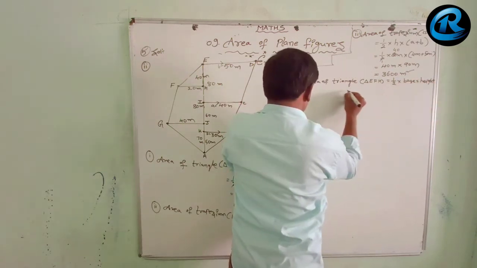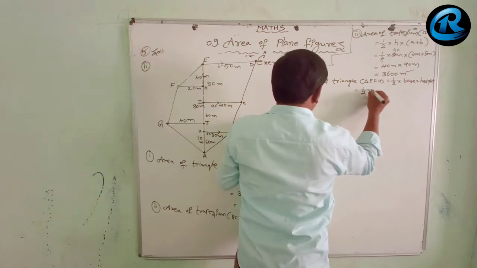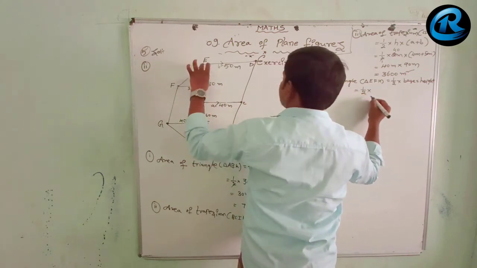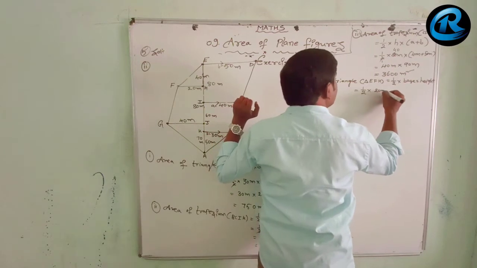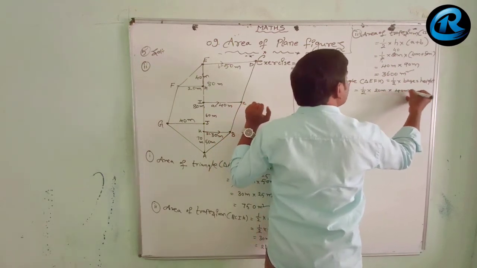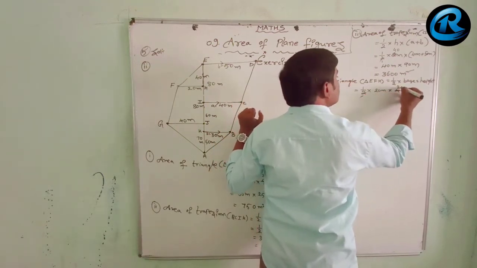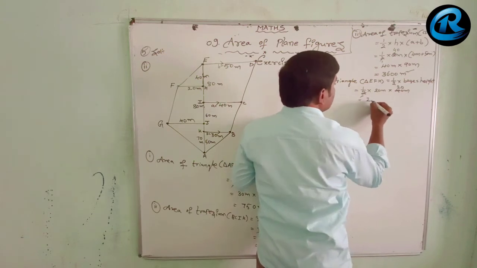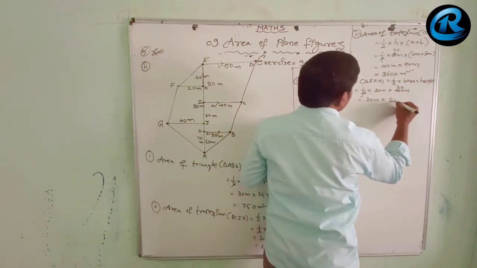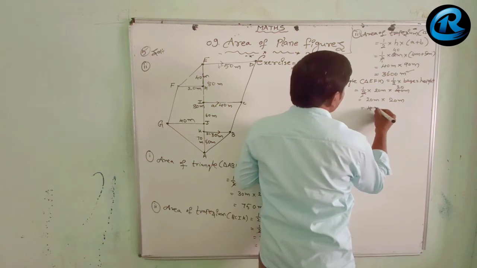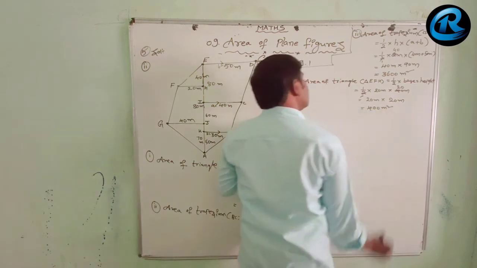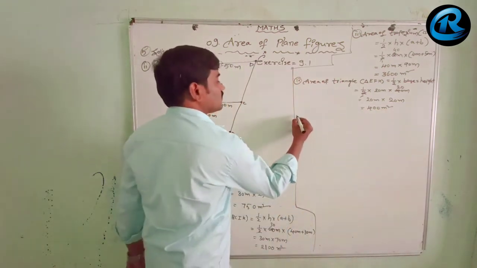That is 1 by 2 into base is 20, height is 40. So 20 meters into 40 meters. 2 ones are 2, 20s are 40. Then 20 meters into 20 meters, that equal to 400 meter square. So fourth one also completed.